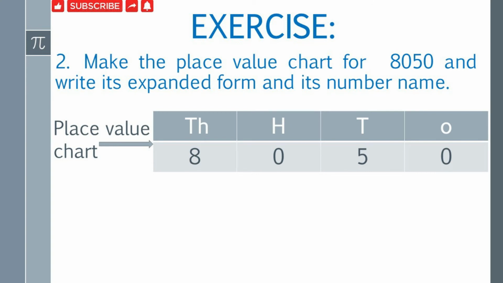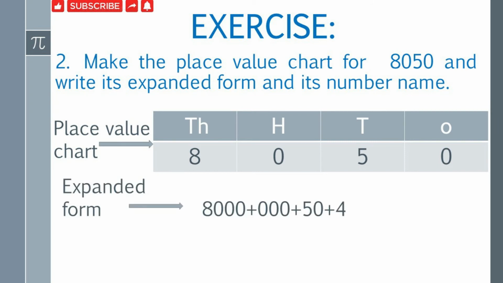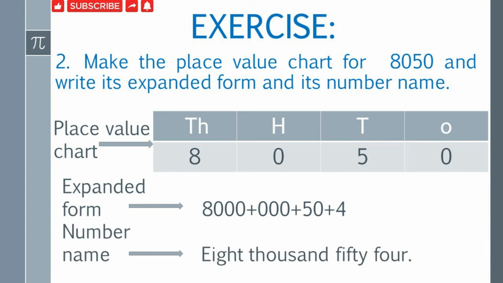Here, 0 will be represented at ones place, 5 will be represented at tens place, 0 goes to hundreds place, and the last digit 8 will go to thousands place. Its expanded form will be 8000 plus 0 plus 50 plus 0, and its number name will be eight thousand fifty.